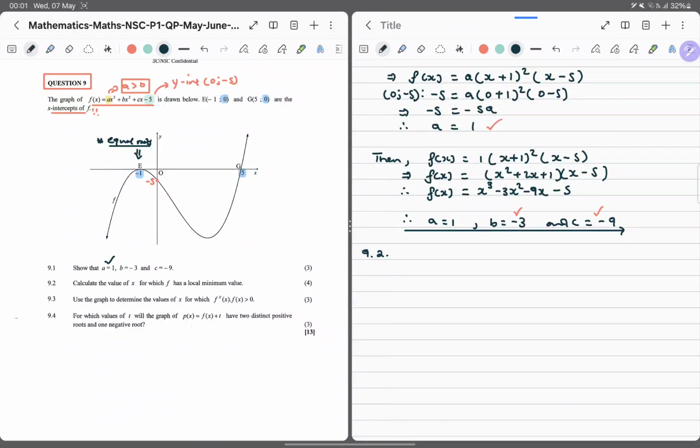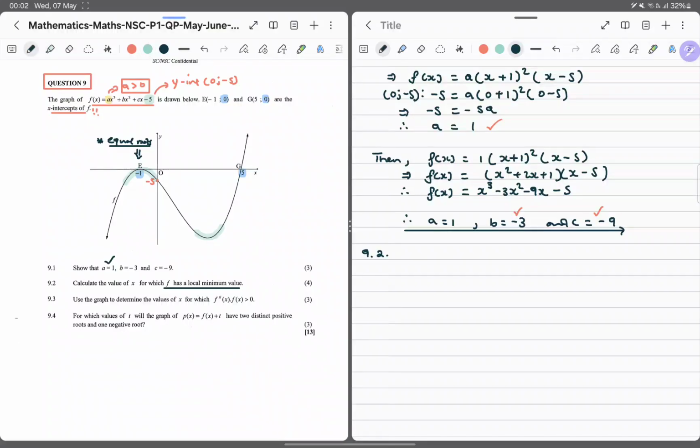9.2. We need to calculate the value of x for which f has a local minimum value. Now we know that the local minimum, remember, once we say maximum when curves are involved, we say a maximum is always concave down, right? And a minimum is always concave up.